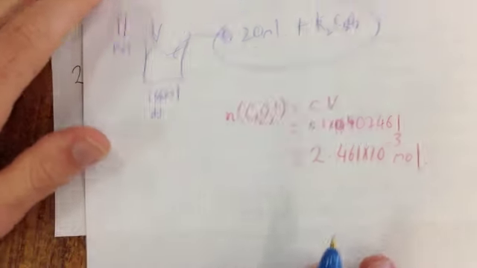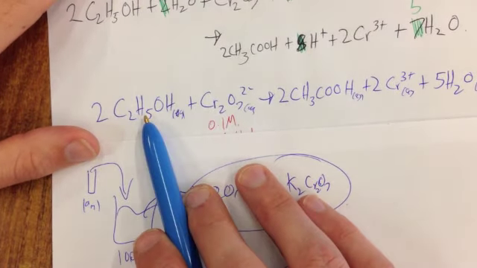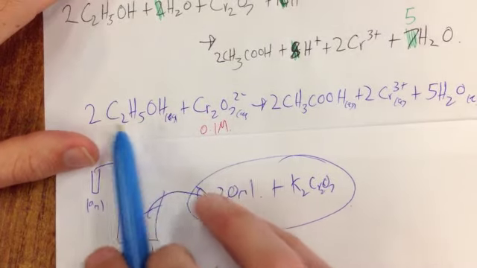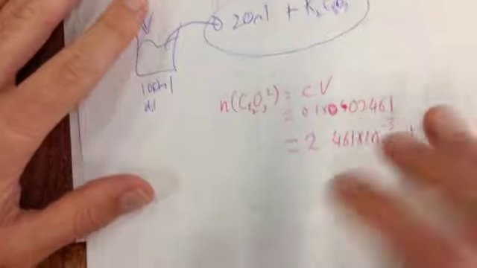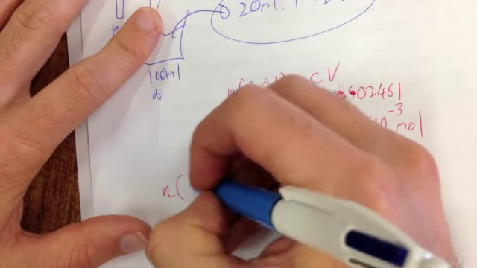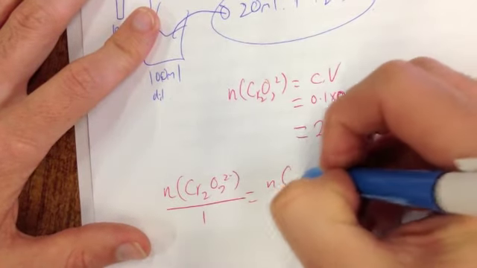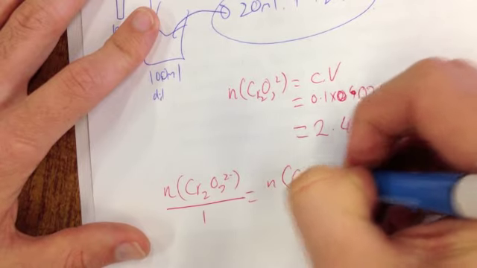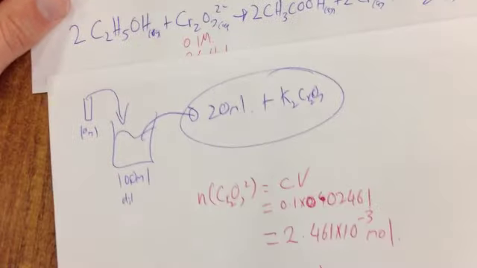Okay, we have a reaction between dichromate and ethanol. We can get the ratio, we can work out how much we have of ethanol. So let's go for number of moles of dichromate over 1 equals number of moles of C2H5OH over 2, because that's what it says there.